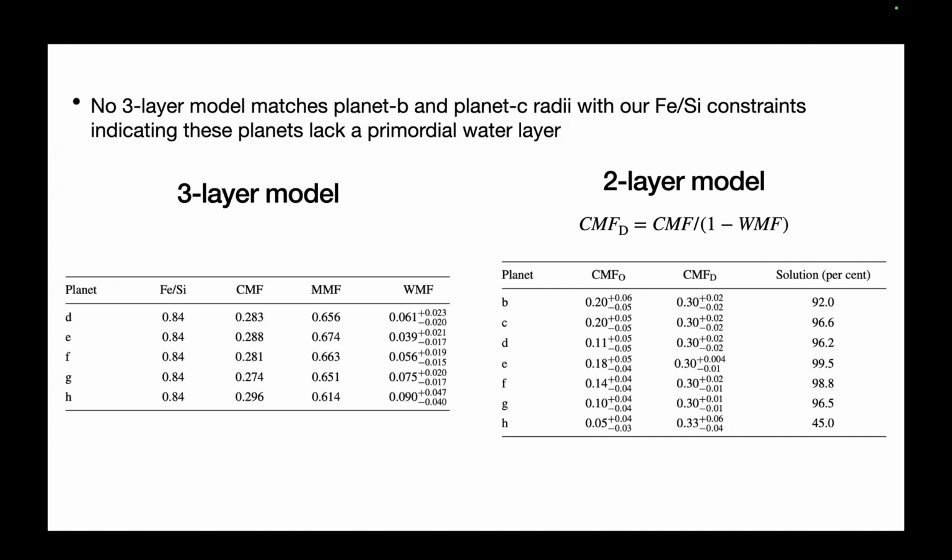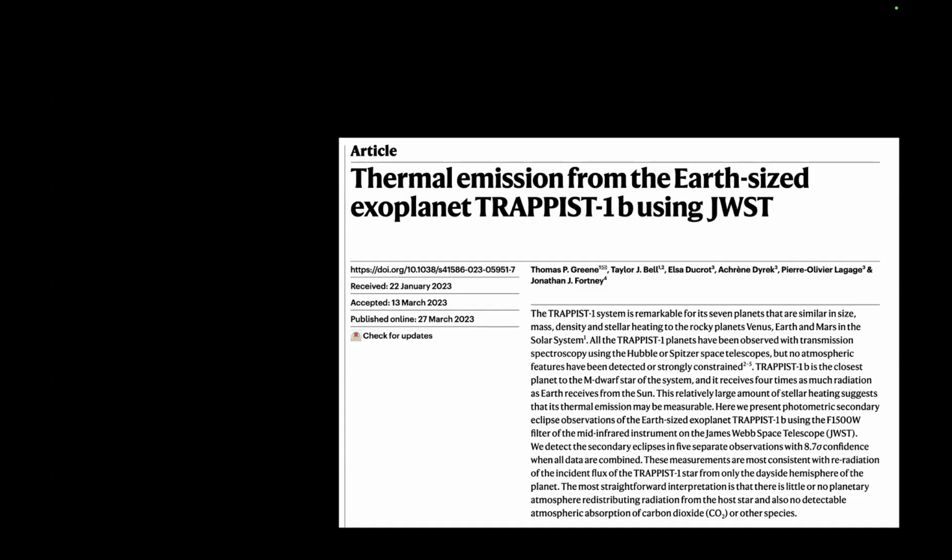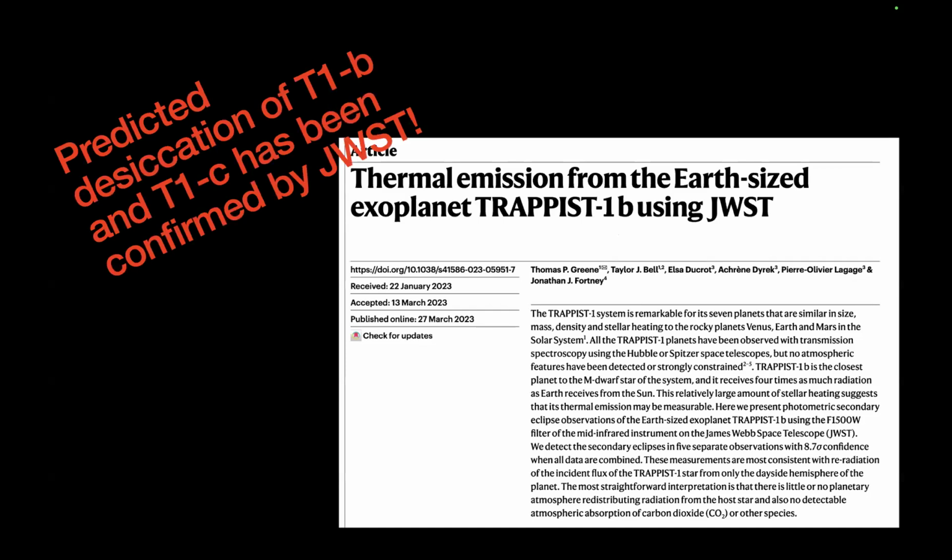And so we were excited to see that while this paper was under review, and we were explicitly predicting that the inner two planets, B and C, were desiccated, Tom Green's observations from JWST of TRAPPIST-1b and c came out, and they did not detect an atmosphere on that planet. And to lower confidence, but with similar results, they were also not finding an atmosphere on planet c.